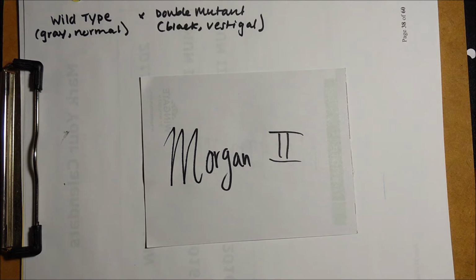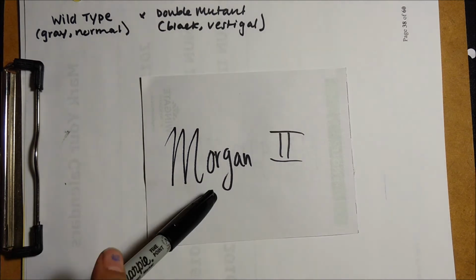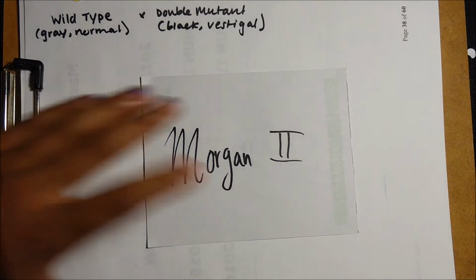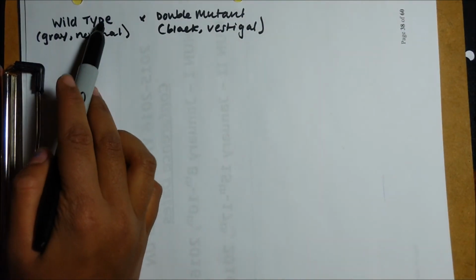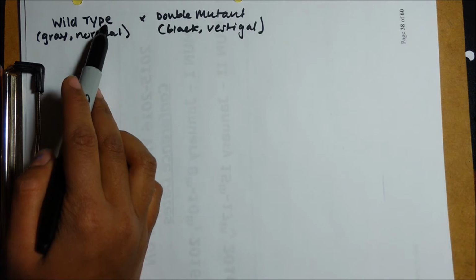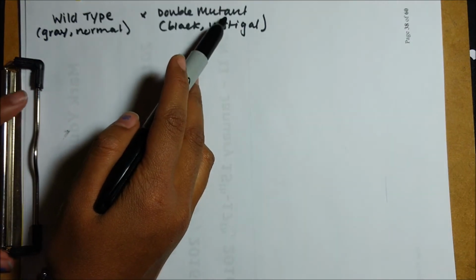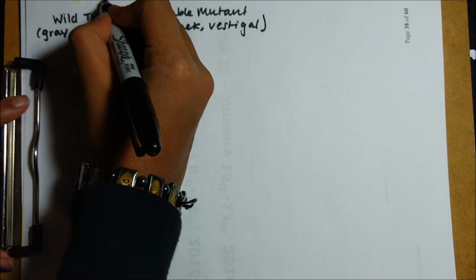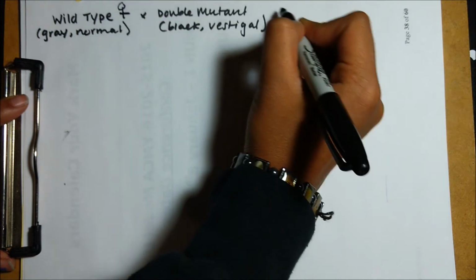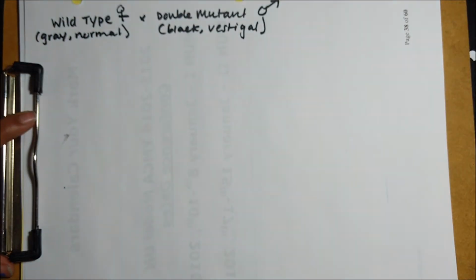Now to learn about recombinant genes, we're going to use Morgan's second experiment. We start with a wild type Drosophila fly mating with a double mutant. And this one was the female, this one was the male.